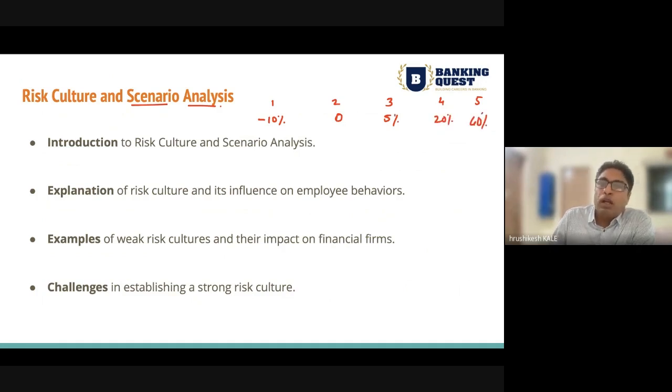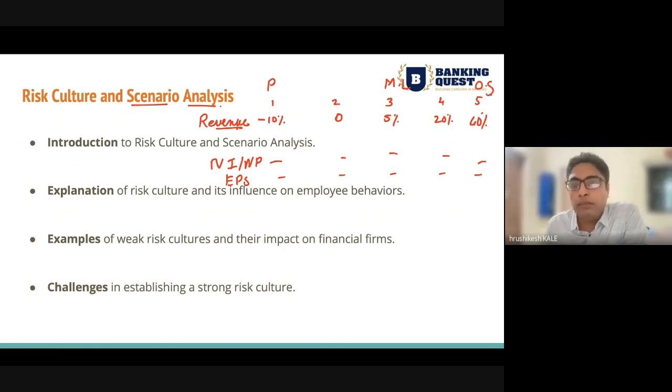So if these are 5 different scenarios, what will be the impact on net income or net profit, or what will be the impact on earnings per share? So you calculate all these things. So this is the pessimistic scenario, this is the most likely scenario, and this is the optimistic scenario. You can take n number of scenarios.